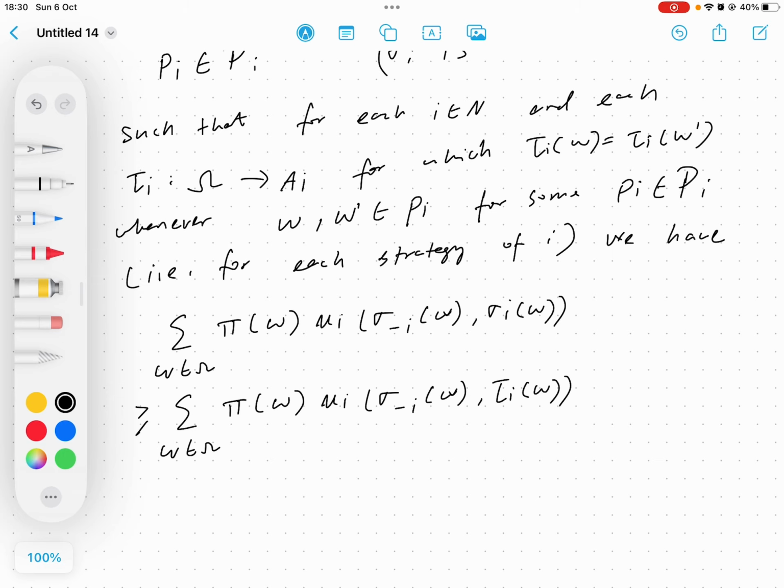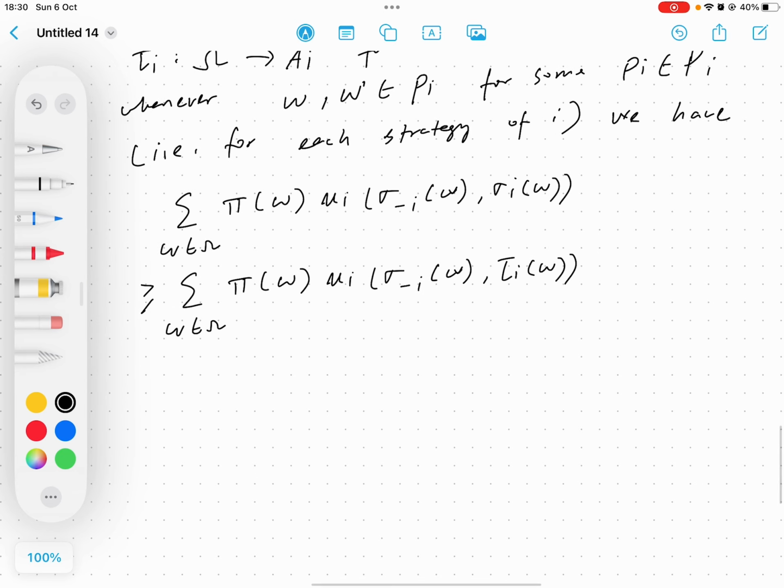That would be some unilateral deviation by player I, by not taking the indicated function, which is given by this sigma.